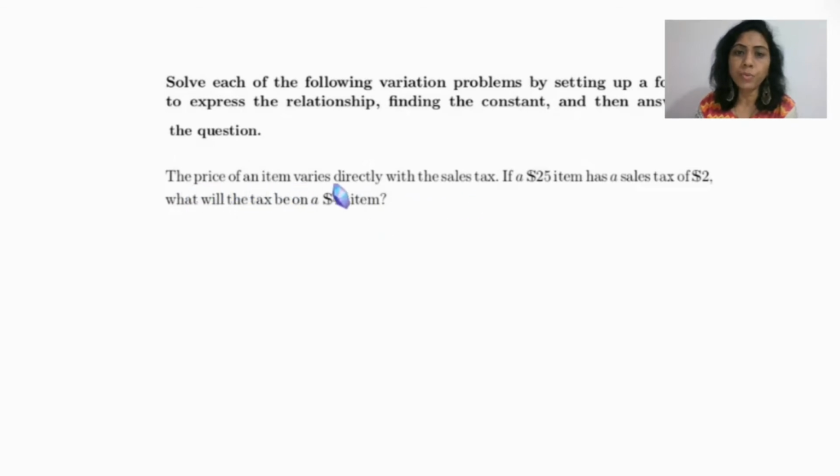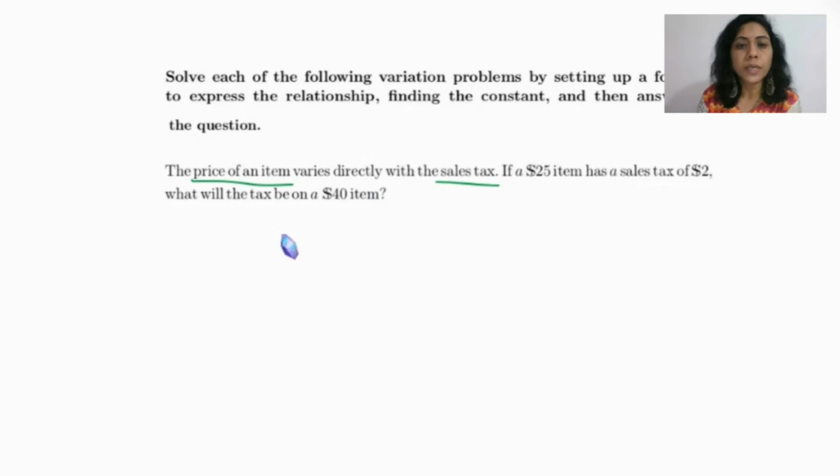The price of an item varies directly with the sales tax. So we can underline this and this. We denote the price of an item as P, and sales tax as T, so P divided by T equals K. First we set up a formula, and then we can find the constant.